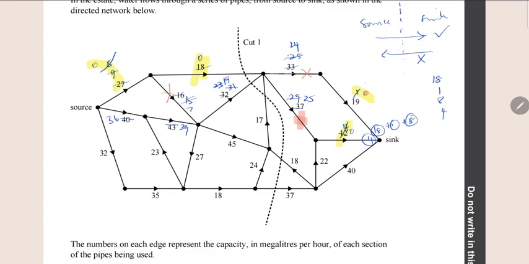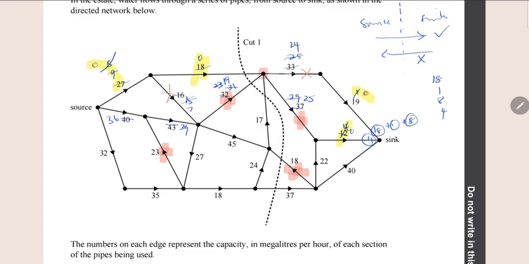Now this edge also, even though there's still a capacity of 19 left, because it comes to this point which from then on really can't pass any more water through, and so we can then look at any other edge. Now this is a backward edge, okay, and that's a backward edge too, so we cancel that.